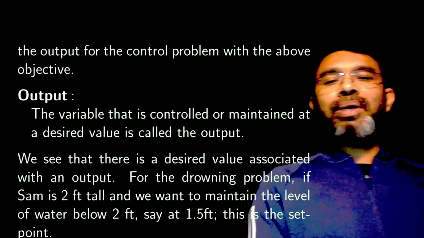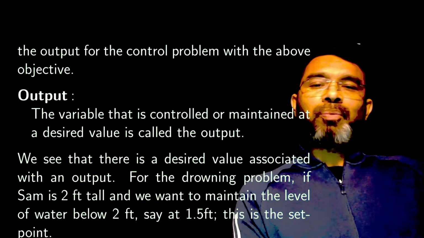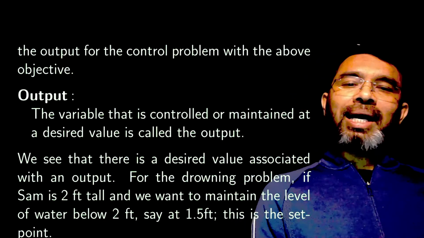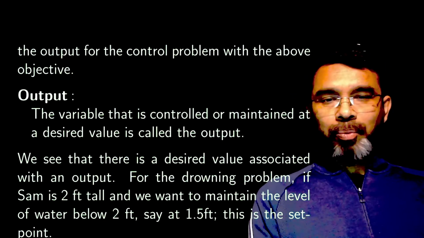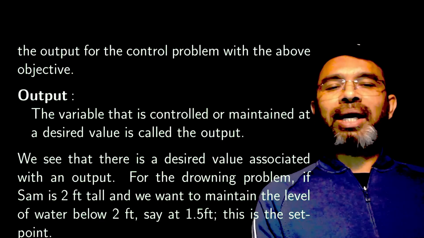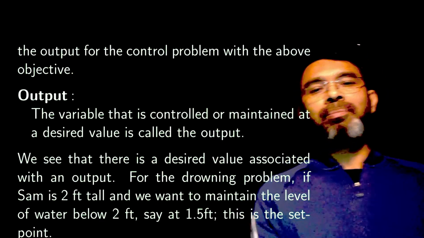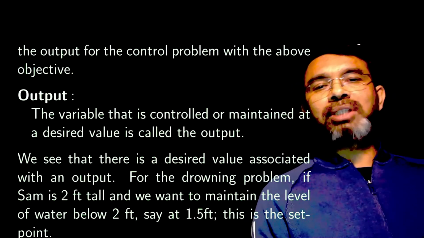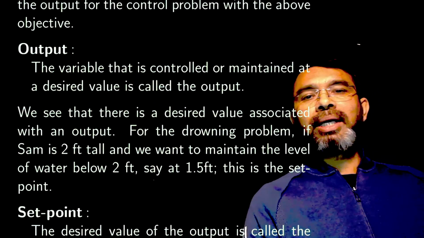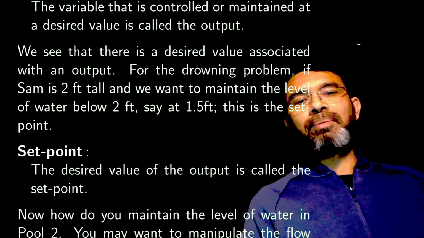The third terminology now is the set point. So set point is nothing but the desired value of the output. For this particular case, the set point may be some 1.5 feet or something like that. So that's what you understand about the set point.